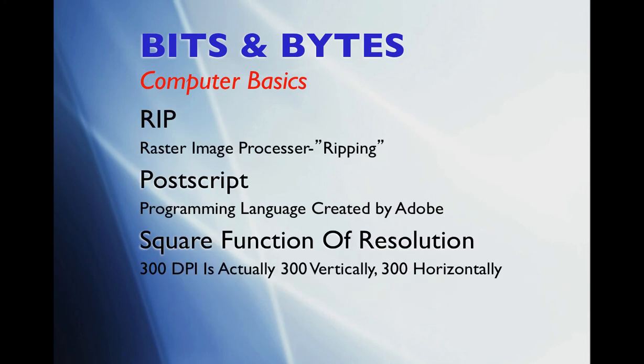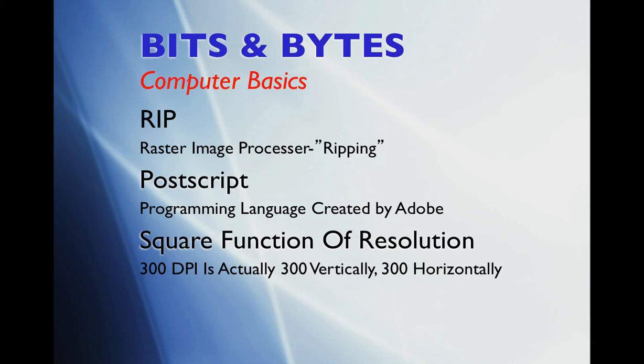Some other terms. We have a term in the industry, in the lingo, called a RIP. That is an acronym for Raster Image Processor. The lingo often says we are ripping a file.